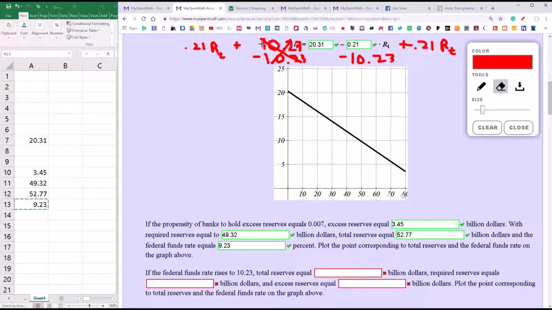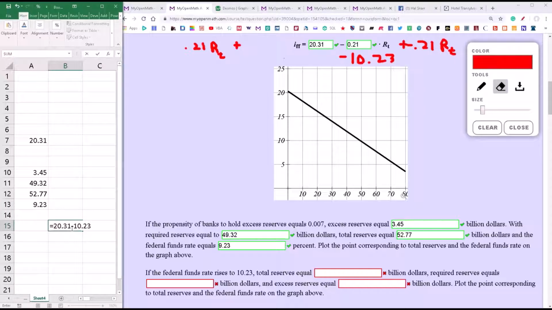And so what we're left with is, let me erase this. Okay, then we subtract 20.31 and 10.23 and we get 10.08.